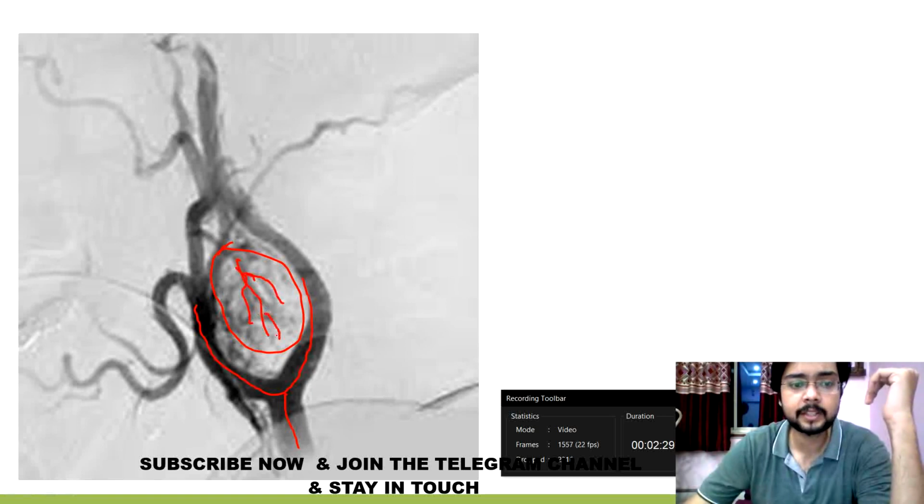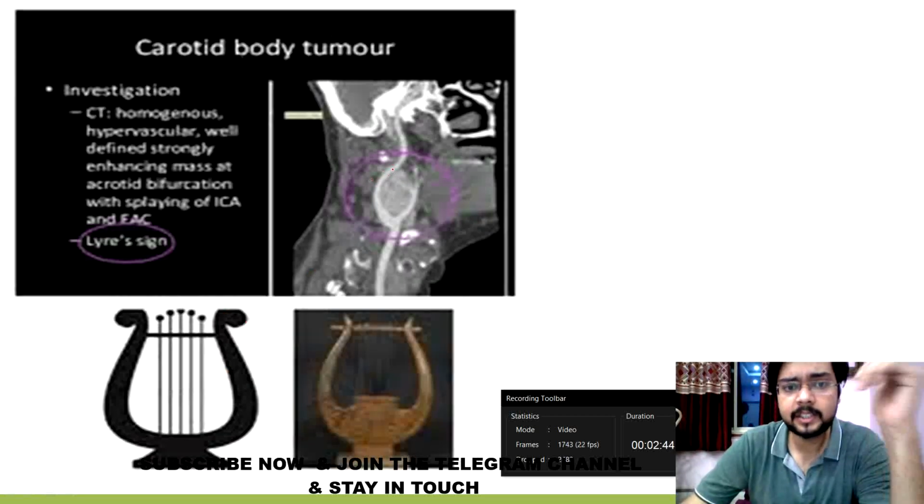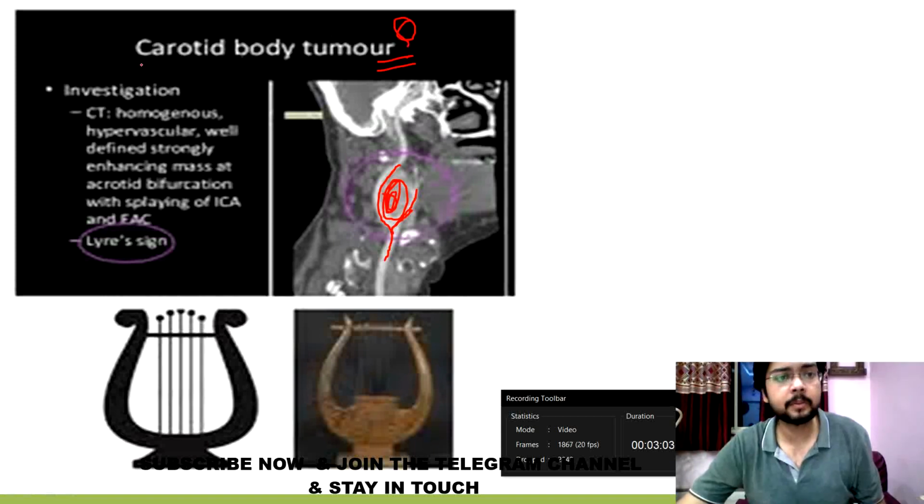So here you can see the vascularity of the tumor and a big vessel. What big vessel can it be in the neck? On this contrast enhanced CT scan of the neck, you can see the common carotid dividing, surrounding a tumor.